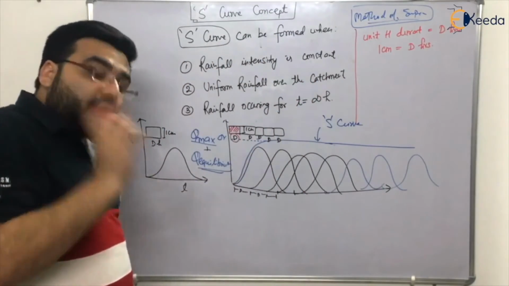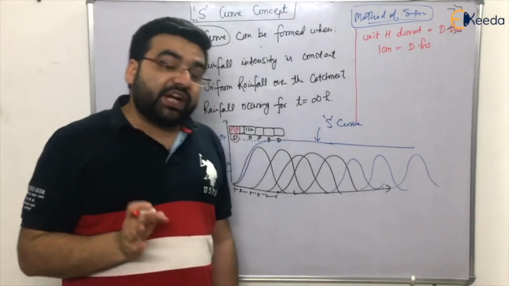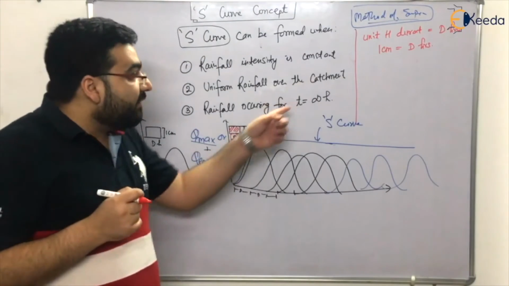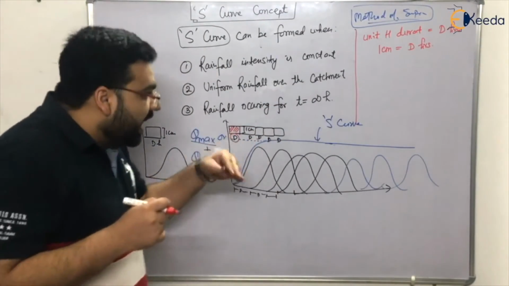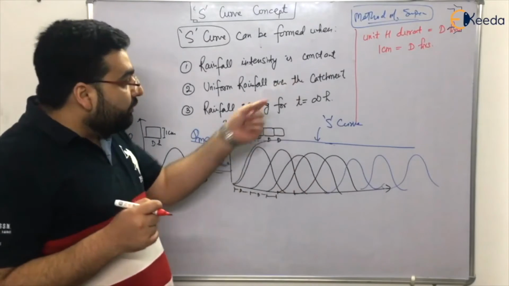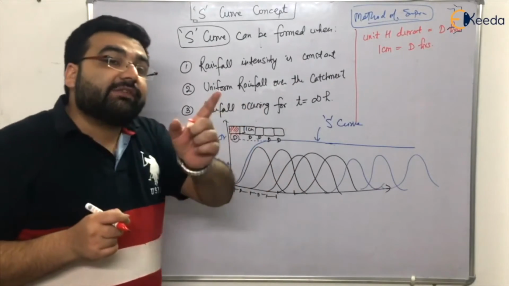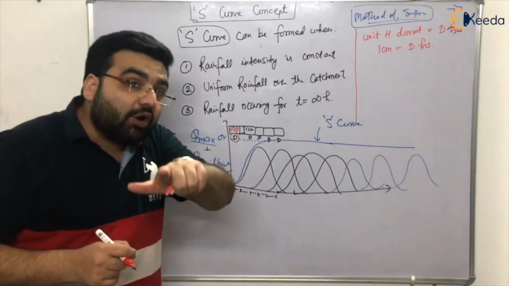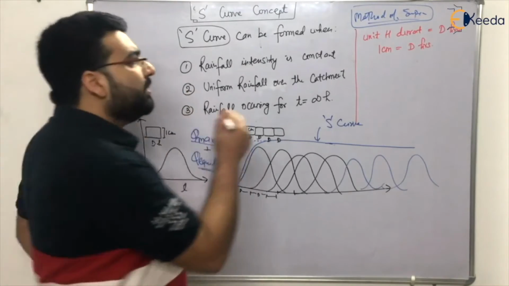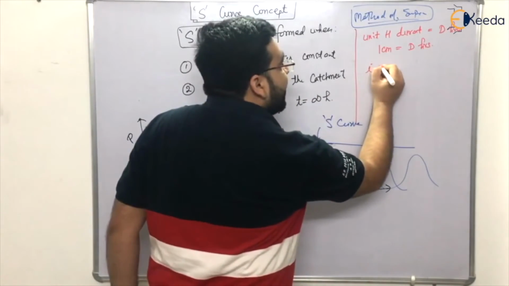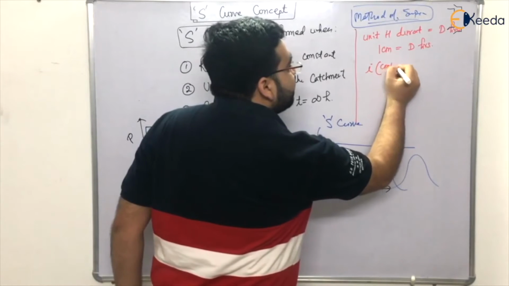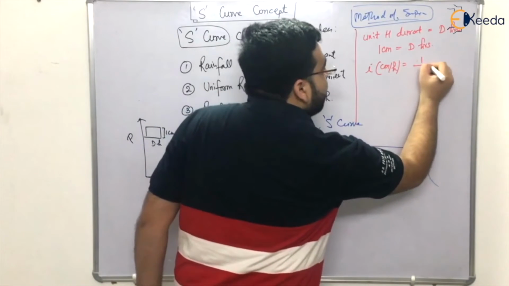Okay? And I told you when I explained the unit hydrograph, if you have a D-hour unit hydrograph, and from that you need to determine the rainfall intensity, how to determine it? It is very simple. So rainfall intensity I in centimeters per hour is given by 1 by D.